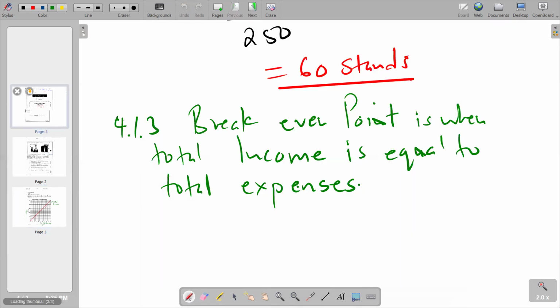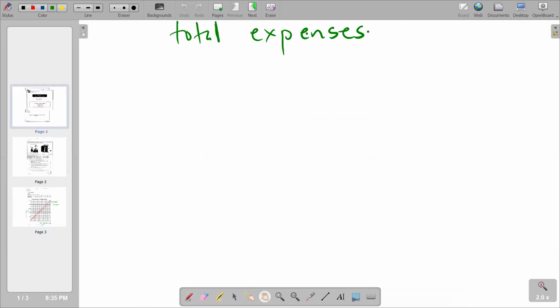We are now using 4.1.5. So we can start by trying to describe the proportion that we have, and we say it's a direct proportion.